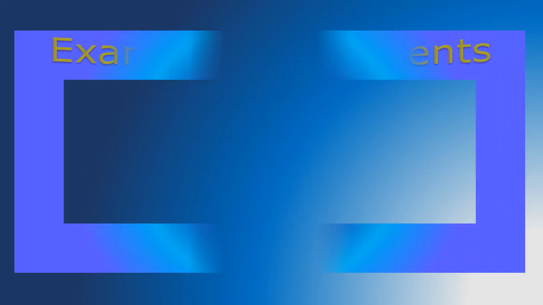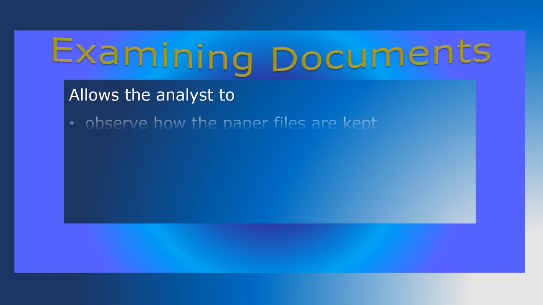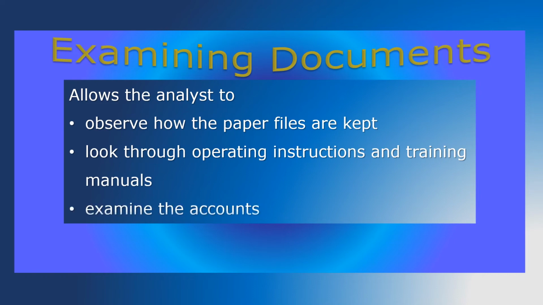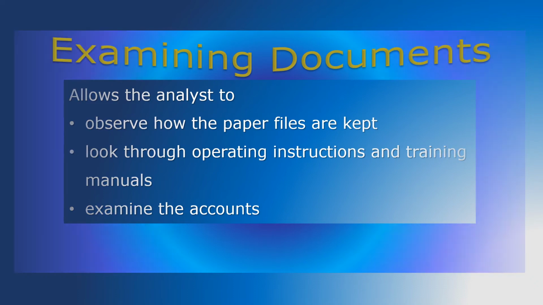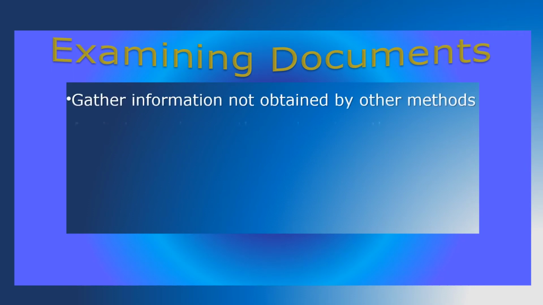Examining documents allows the analyst to observe how the paperwork files are kept, to look through operating instructions and training manuals, and to examine the accounts. It allows the analyst to gather information that is not obtained by other methods.